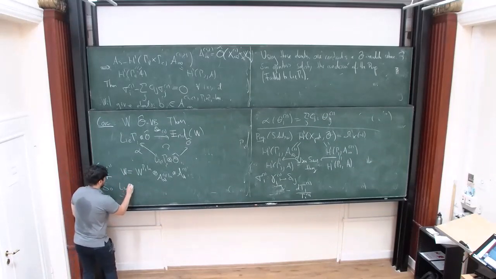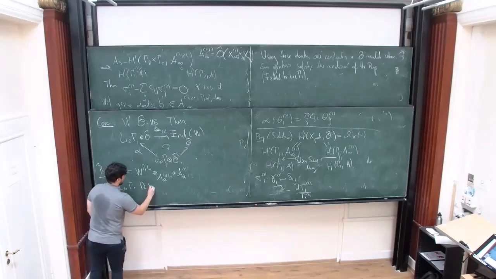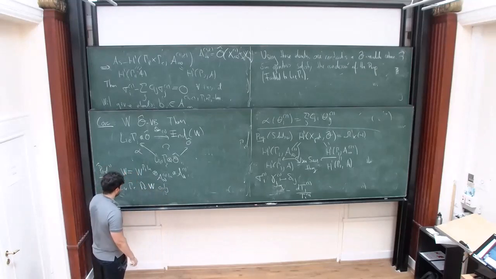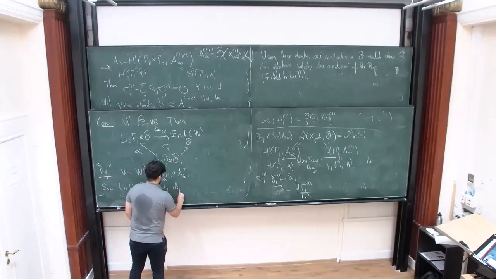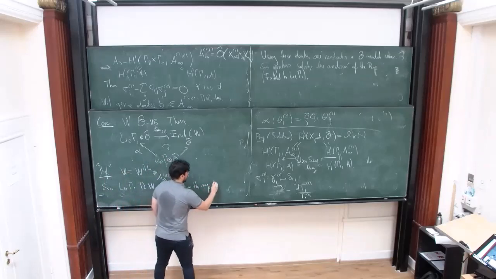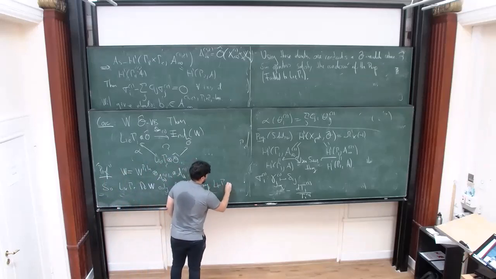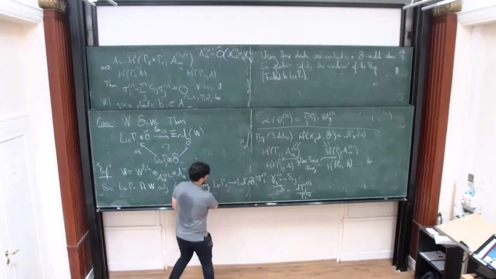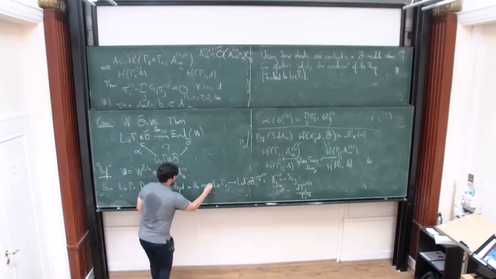So the action of 0, gamma 2, only depends on the map given by this guy, right?